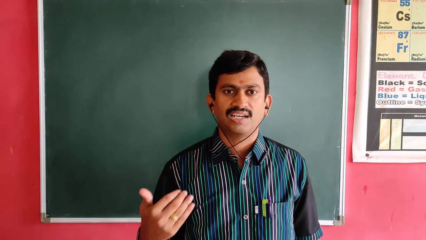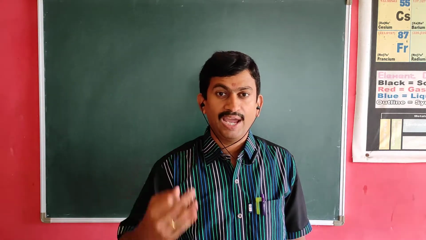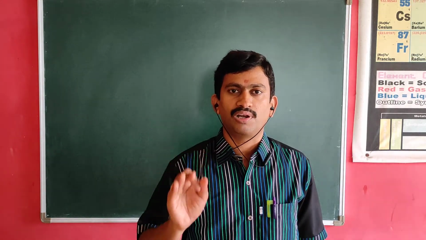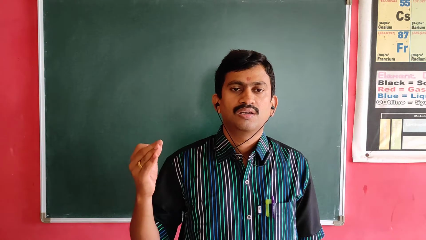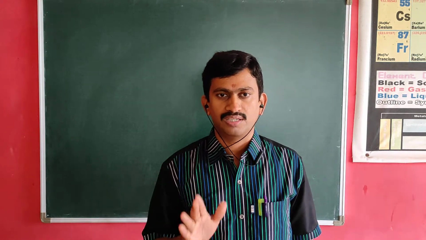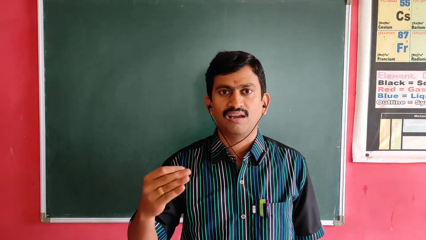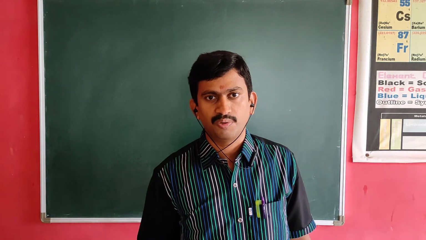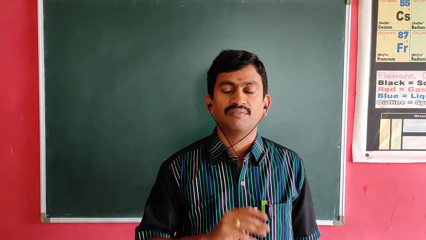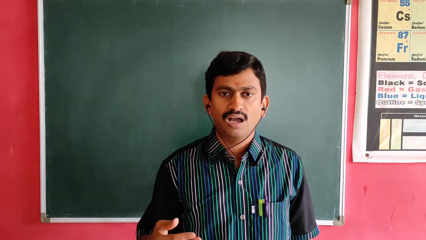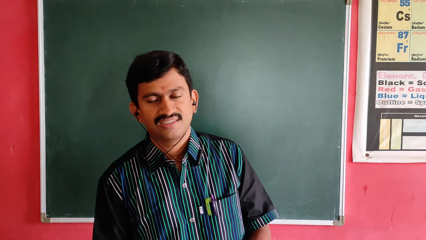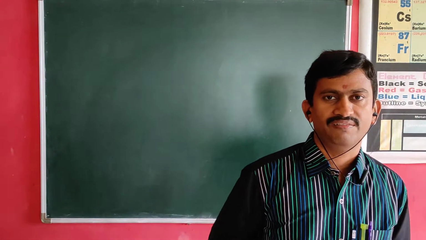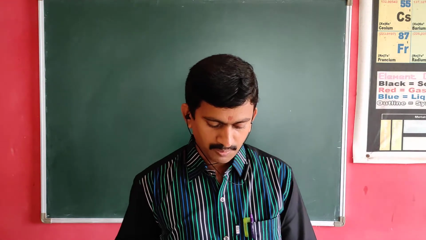Now, in this present video, I am going to describe the important numerical models on the quarter wave and half wave plate concepts, that is determination of thickness of the quarter wave plate and half wave plate, and determination of wavelength of the polarized light. All of you note down the problem and then we will solve it. So note down the first problem.